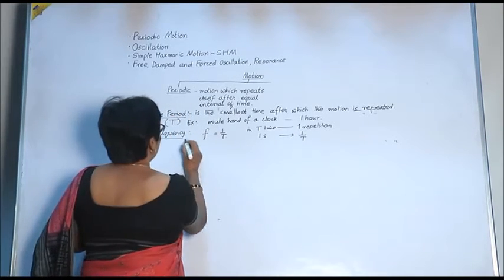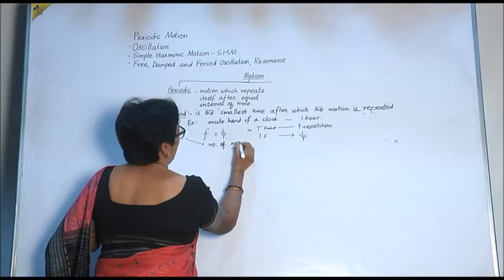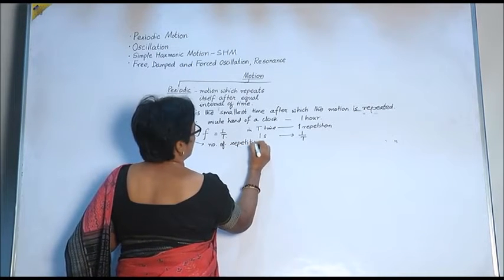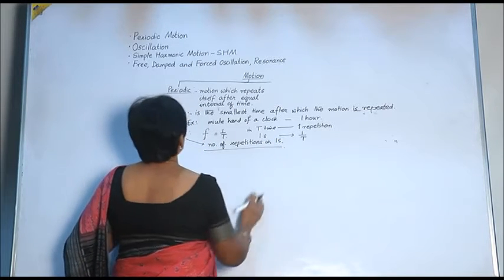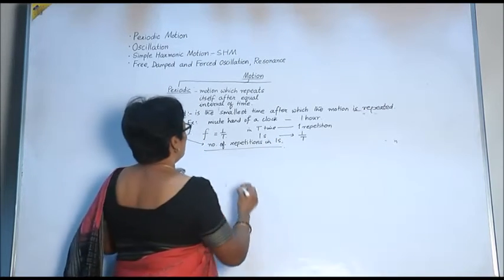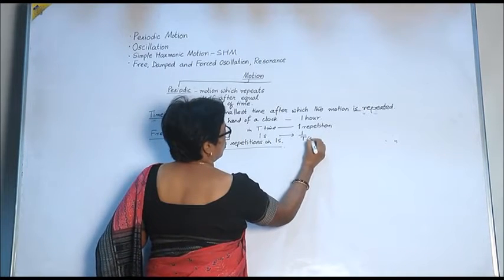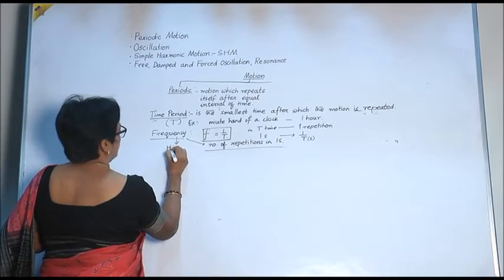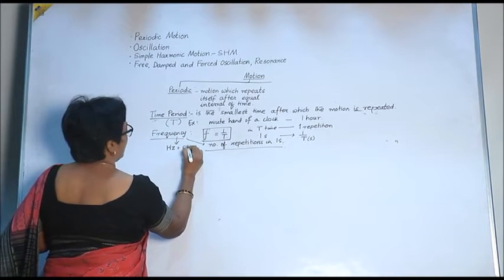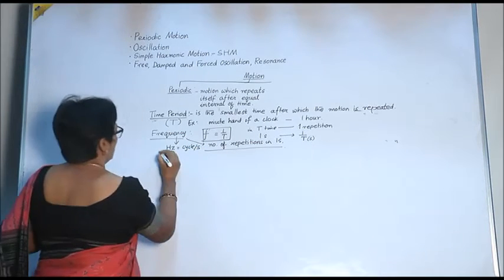So, frequency is the number of repetitions in 1 second, f is equal to 1 by T, and T is measured in seconds. So, the frequency is measured in hertz. This is cycles per second, called hertz.